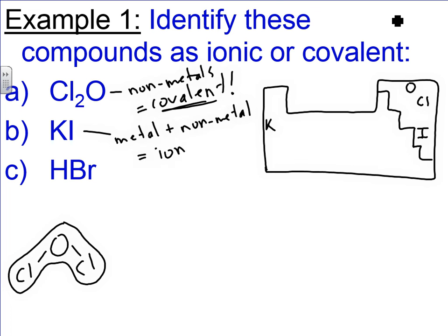Good. And then the last one is HBr. Now we have hydrogen, which is up here, and then bromine, which is right above iodine. So we have two nonmetals, and this would be covalent. But it's a special type of covalent compound.